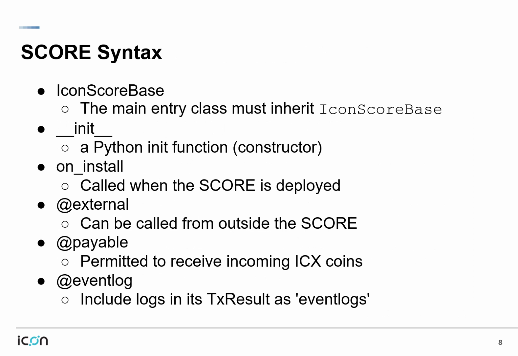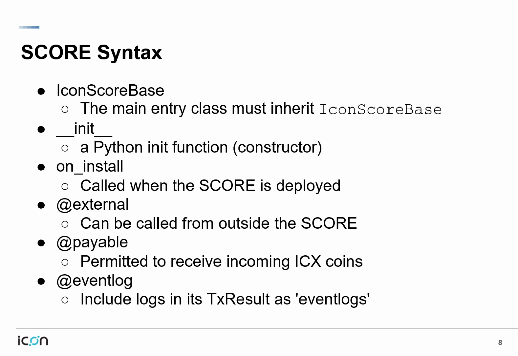Now, I'm going to explain the basic SCORE syntax briefly. The main entry class of a SCORE must inherit the IconScoreBase class as its parent class, so that the ICON service engine can recognize its existence and load the SCORE code properly. __init__ is the normal Python class initializer, also known as the constructor.